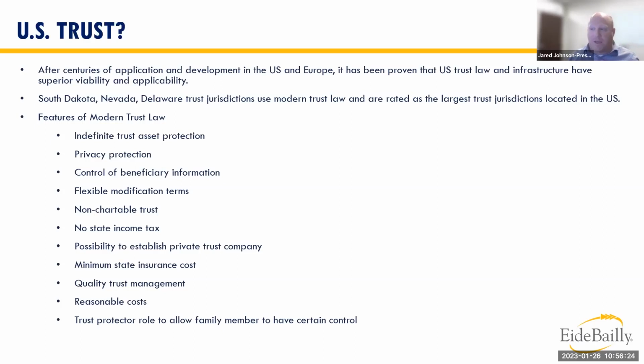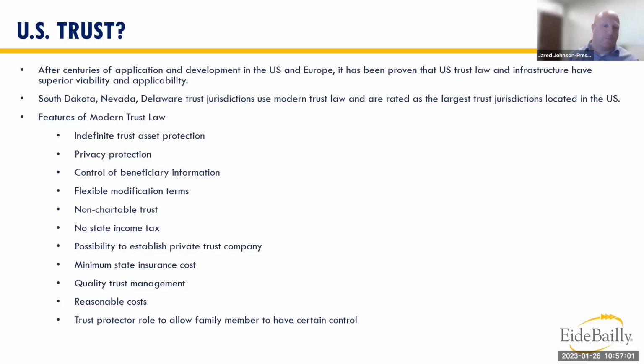And because of our favorable trust rules and laws, primarily in these 3 states, South Dakota, Nevada, and Delaware, these 3 trust jurisdictions have very modern trust law that appeals to individuals outside the U.S. So if this is something you want to look into, I would always say on the trust side, be careful what that does in the UK if you were to move back and you have a U.S. trust.